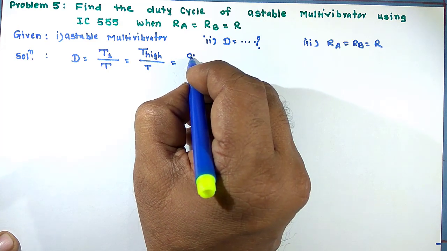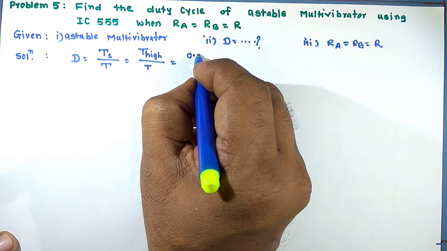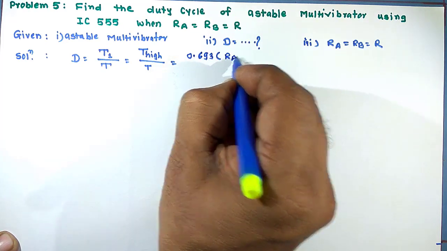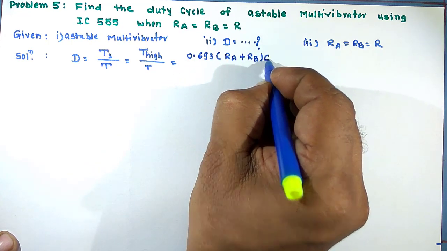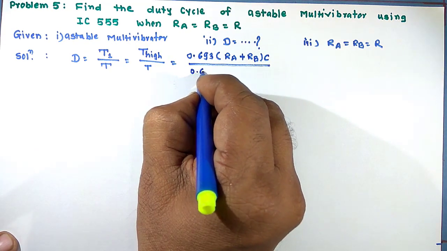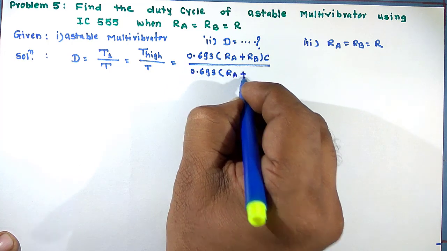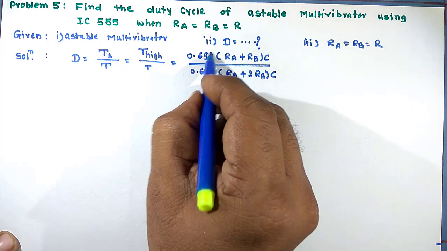So it is given by 0.693 into RA plus RB into C, and total time T is given by 0.693 into RA plus 2RB into C.